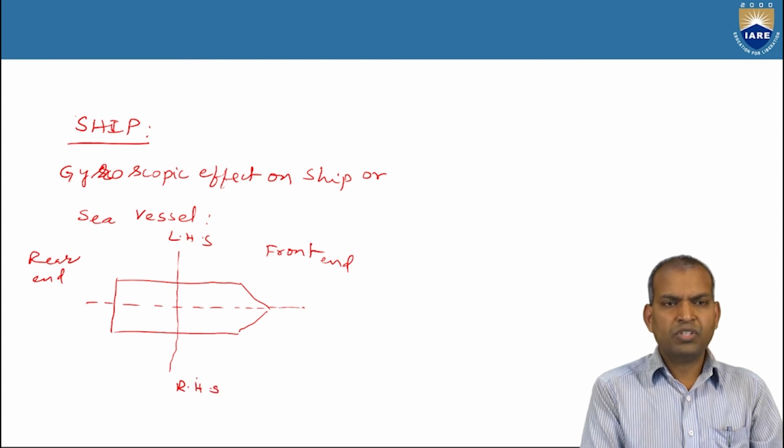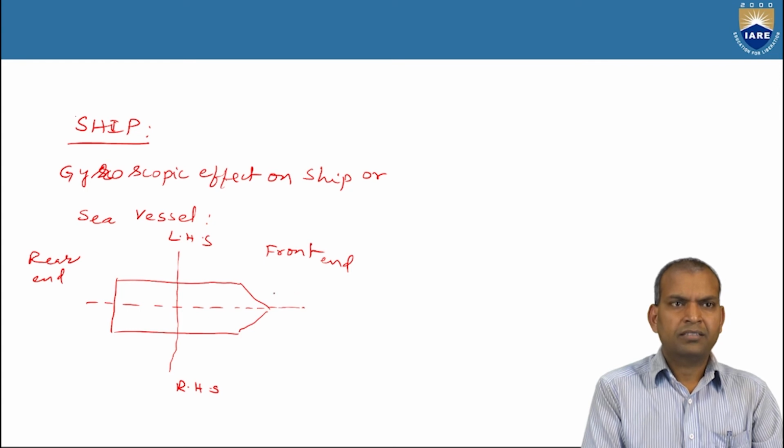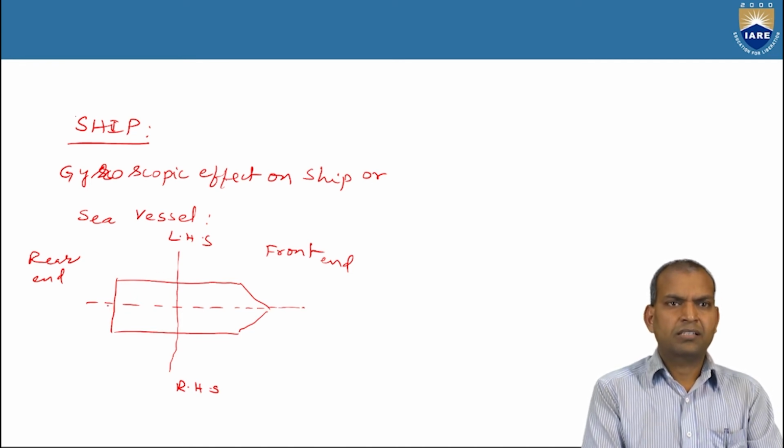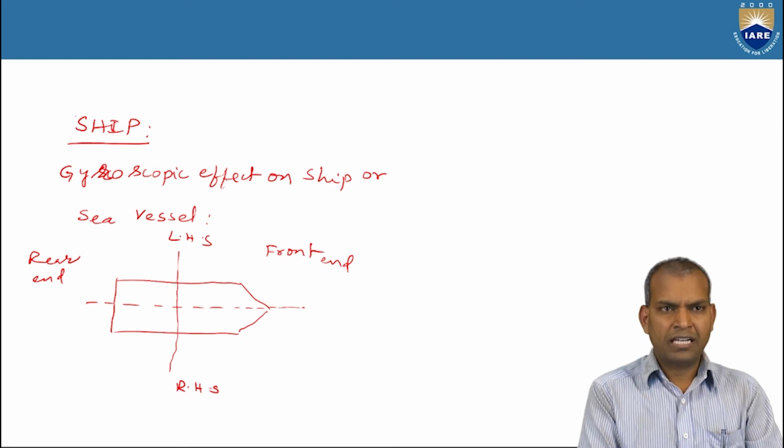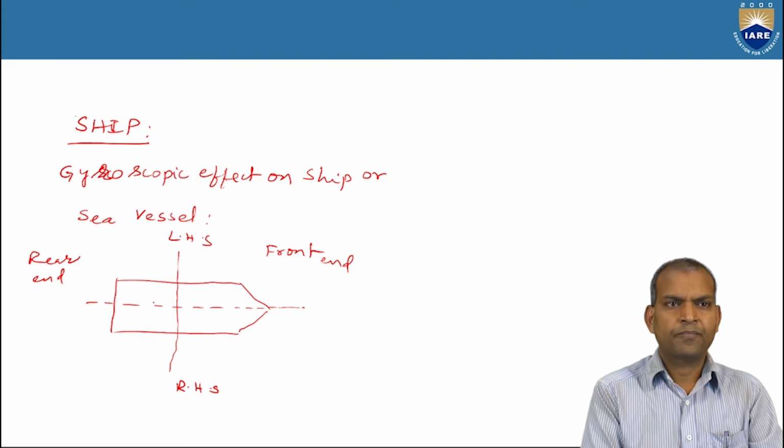There are different names, starboard, fore end, LH side, left hand side and right hand side. Now here we are going to discuss the effect of gyroscope more in the next coming lectures. But here I am going to introduce how the effect of gyroscope takes place in different directions.